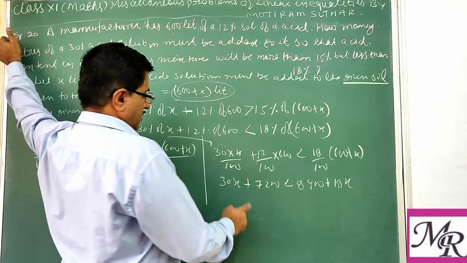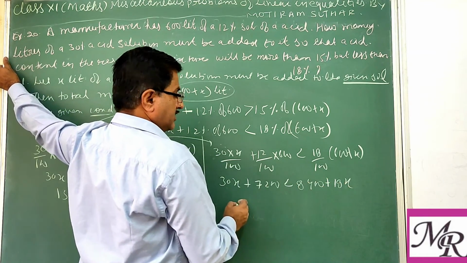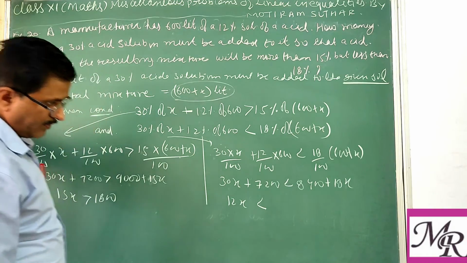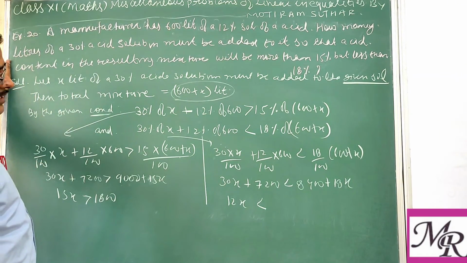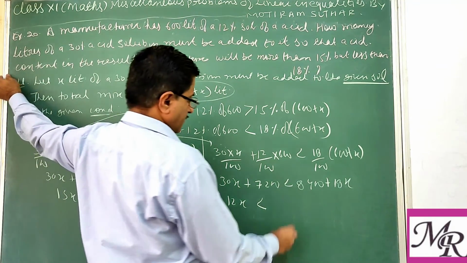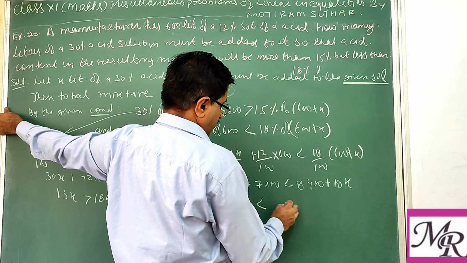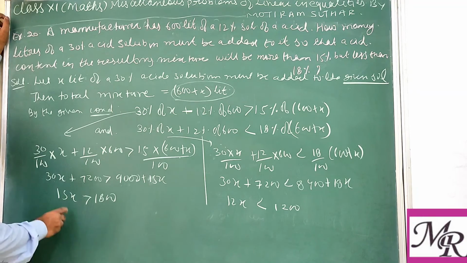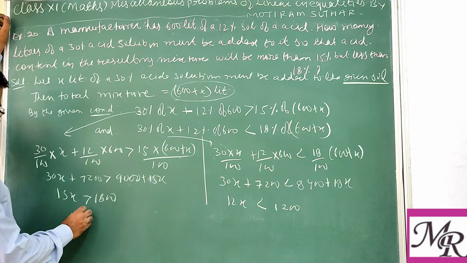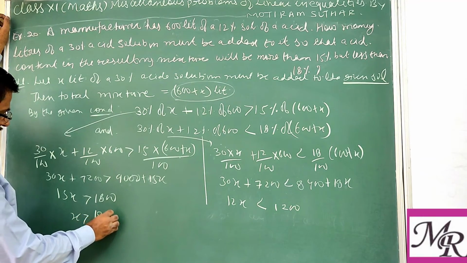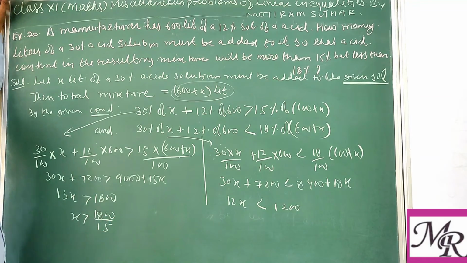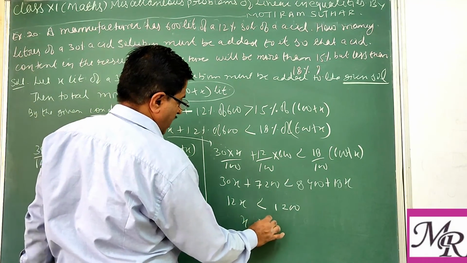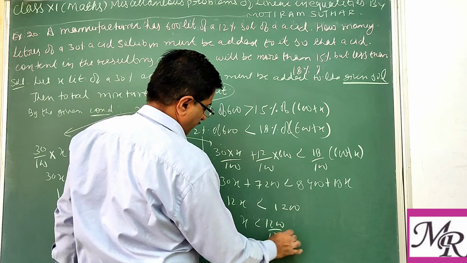Similarly here 30x minus 18x, that is 12x, less than 10800 minus 7200, this is 3600. So now divide this by 15 throughout. And here also we have to divide by 12.